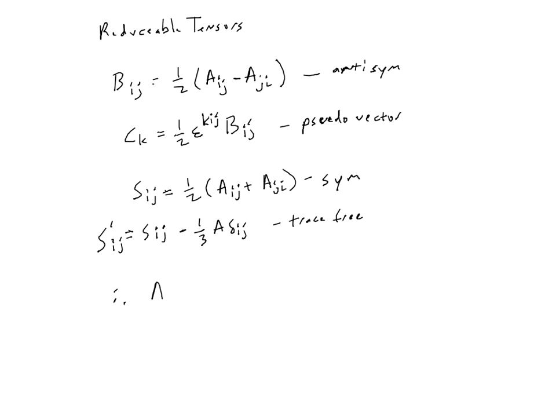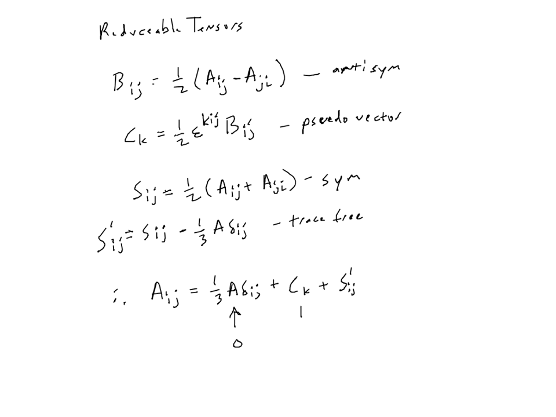Therefore, we could say that our tensor A can be written as 1/3 of this scalar term, plus a pseudo vector, plus the trace-free part of the symmetric term.